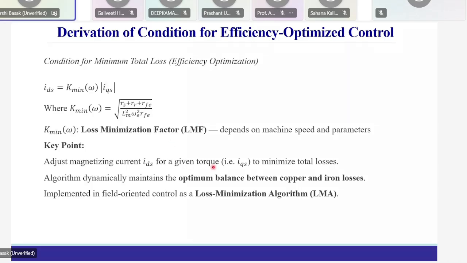If you reduce the core loss by reducing the magnetizing current, then your flux will reduce and your overall core loss will reduce.